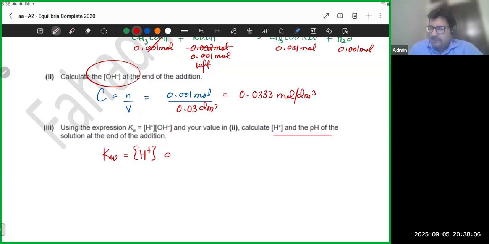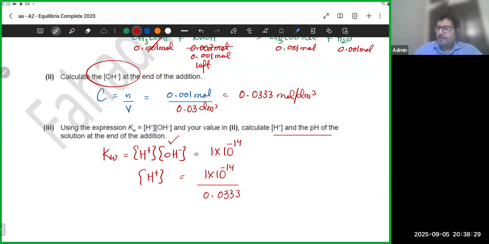I told you that H plus times OH ions is always equal to Kw, which is 1 times 10 to the power minus 14, right? We've now figured out the OH ion concentration. So my H plus concentration is 1 times 10 to the power minus 14 divided by 0.0333, right? So find this and find pH.